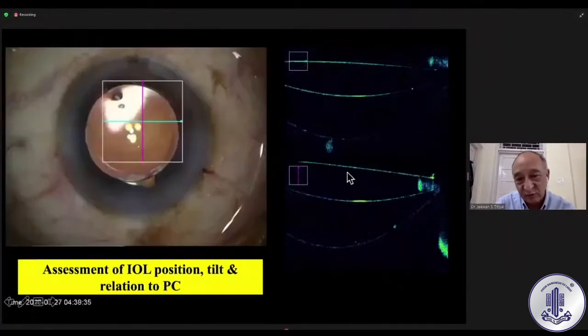And this is what we look for in IOL placement: the distance from the posterior capsule to the posterior surface of the IOL, and how it changes when you decompress or increase the pressure. Does the IOL also shift, which is normally seen in cases of a larger volume capsular bag, like high myopes? Your lens can shift, and this has huge value in cases of toric implantation or trifocal toric lenses.